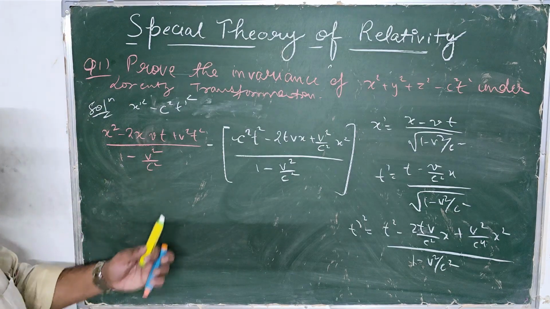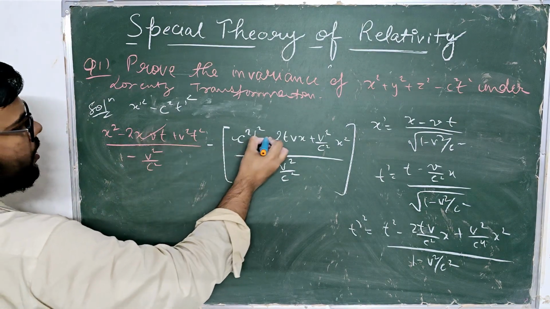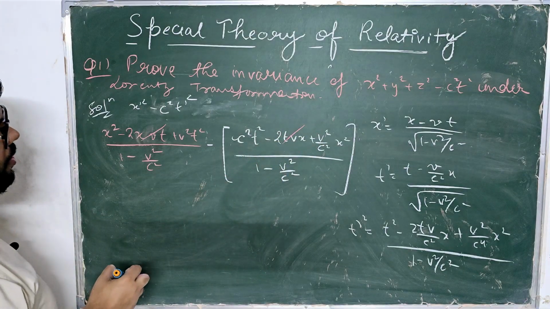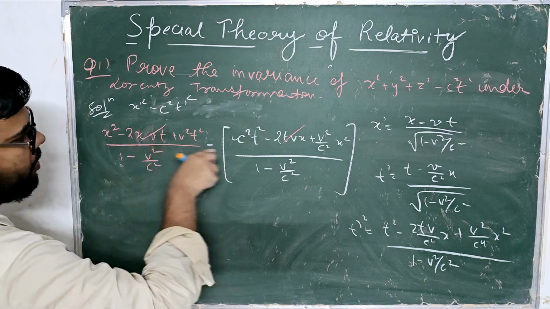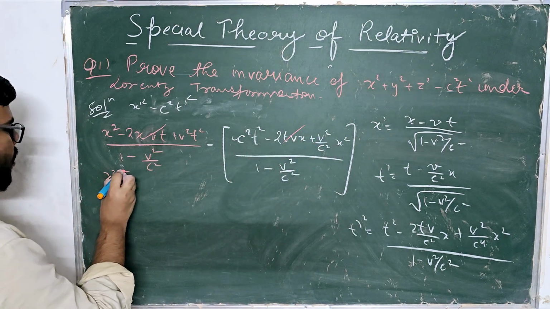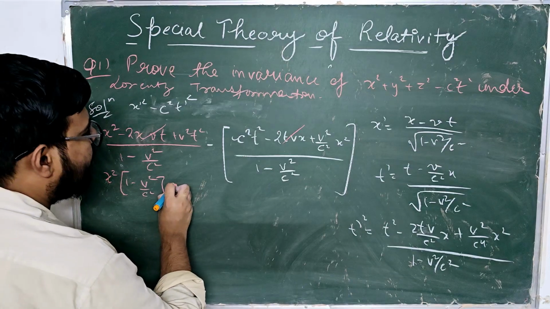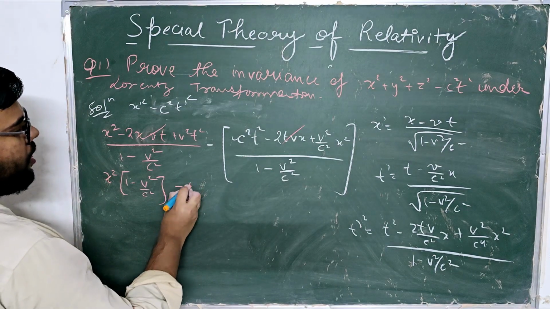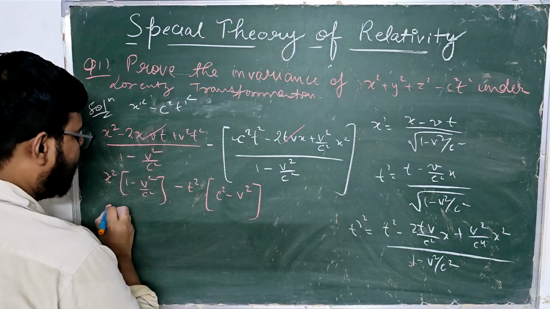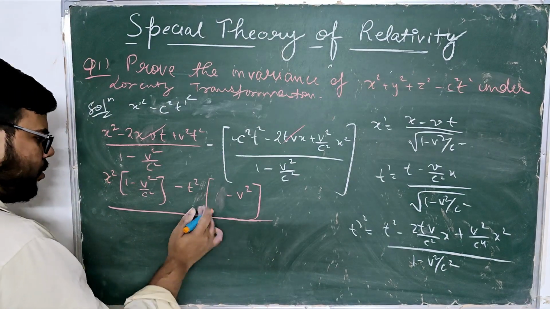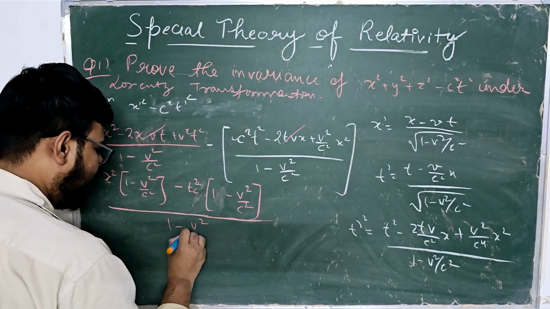Now just subtract these two terms, what do you get? Of course this and this will get cancelled, and let's take x² and this term together, so you will have x²(1 - v²/c²) minus, you can take t² common, c²(1 - v²/c²), divided by 1 - v²/c².